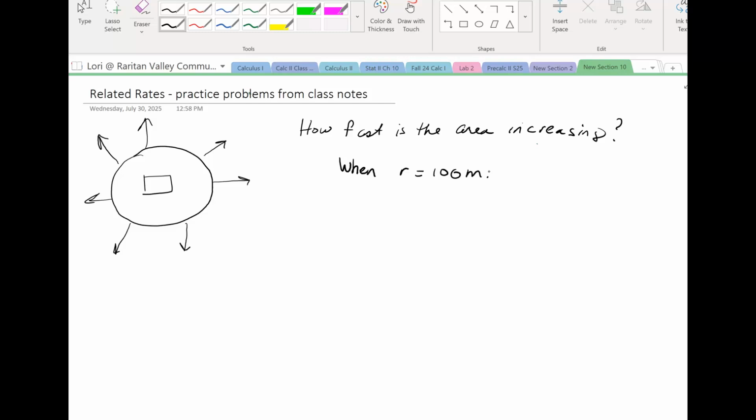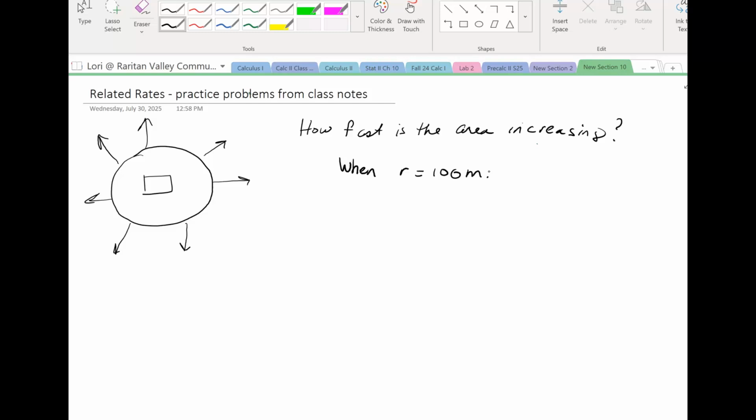I might have said 100 miles. Now I can't remember. I think it was 100 meters. So that is a moment in time that the radius actually hits 100 meters. So there's a particular speed that the area is increasing when the radius is at 100 meters. Now, if the radius is a different size, that rate of change in the area is going to be different.